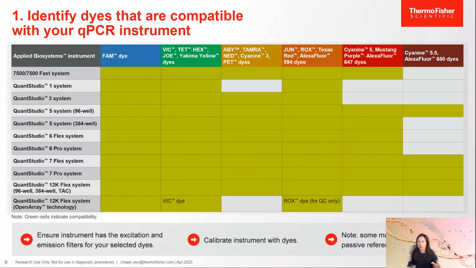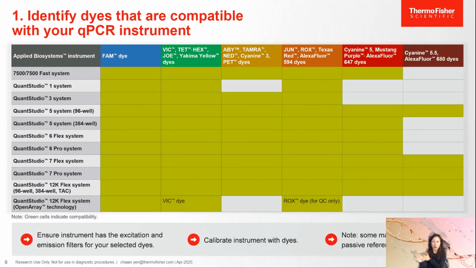Okay, so the first step for developing a qPCR workflow in multiplexing is to check the qPCR instrument that you currently have in your lab, right? So each instrument will have different capability of detecting different dyes. So here on this slide, I have our Thermo Fisher qPCR instruments listed with the dye compatibility listed on the right. So anything that is in a green square means that it's compatible.